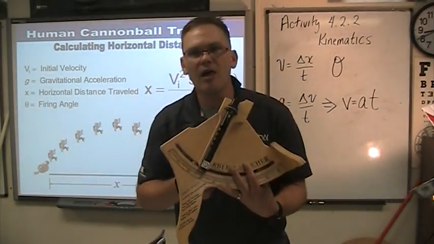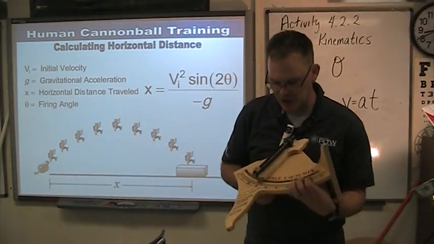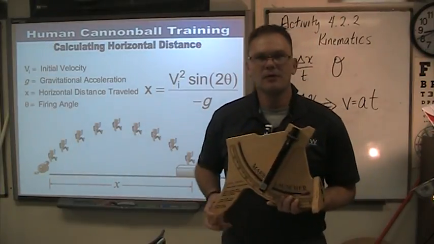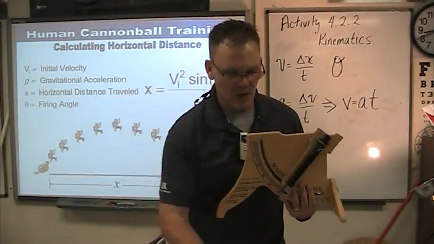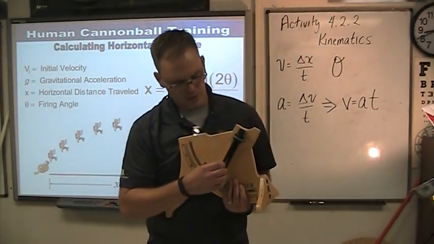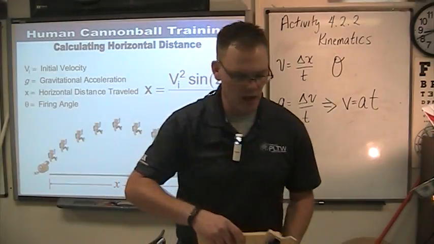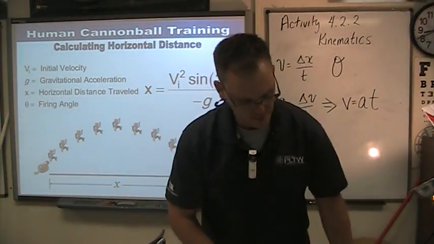So instead of a 30-degree angle, I can change it to a 50-degree angle, and I can test this out with the marble and tell you how far the marble is going to go, the range of this marble.